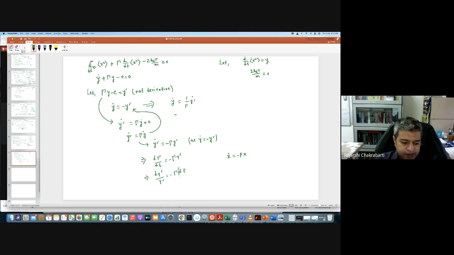If you integrate this from 0 to t, I'll get y prime equal to some constant times exponential of minus gamma t. And this constant is nothing but your y prime at t equal to 0. Is this clear?